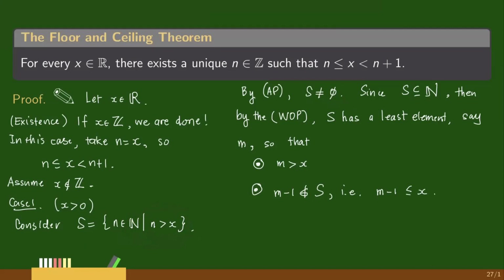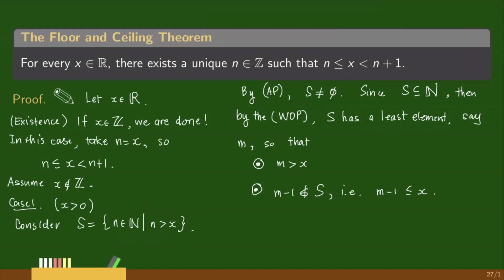Ulit. Si M ay greater than x kasi si M ay nasa S. Si M minus 1 ay wala kay S because M is the least one to be in S. If you subtract 1 further, it will be something smaller than M, so it couldn't be in S. Otherwise, contradict mo yung fact that M is the smallest in S. Naintindihan ba ninyo?